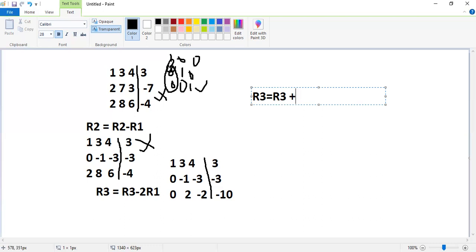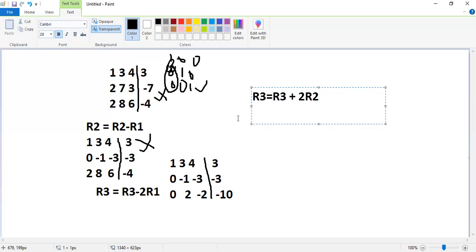So we'll do row 3 plus 2 row 2. You see that if you multiply row 2 by 2, the middle one will become a -2. And when you add it to this 2, this one becomes 0, and we get our 0 here, right? Okay. So now our resultant matrix would look like this.